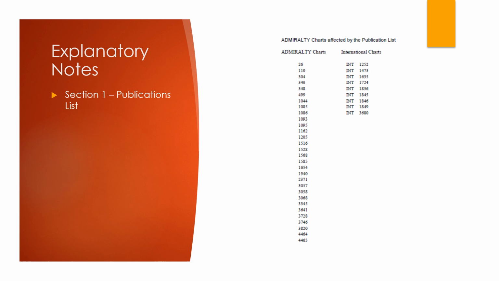Now we move to section 1 of the explanatory notes, which talks about the publication list. At the very beginning of the publication list is an index of Admiralty charts that are affected by the publication list. You can see the index of the Admiralty charts on your screen, and this is what it looks like.